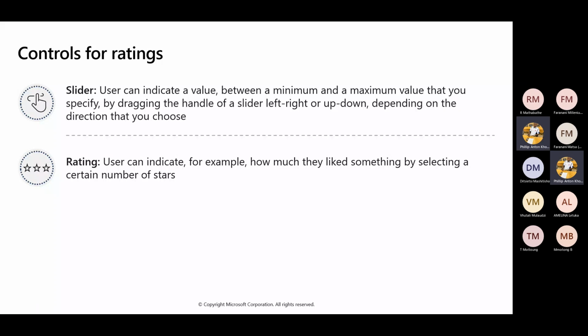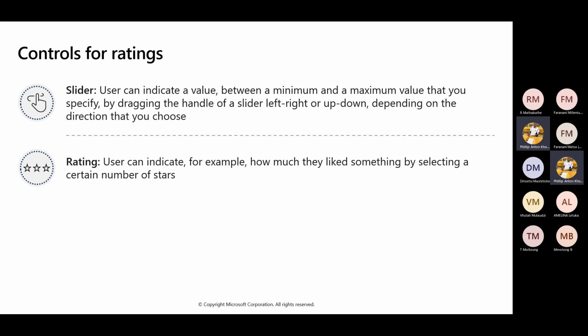Okay, and then we have controls for ratings, which are slider and rating. So users can indicate a value between a minimum and a maximum value that you specify by dragging the handle of a slider left, right, or up, down, depending on the direction that you choose.